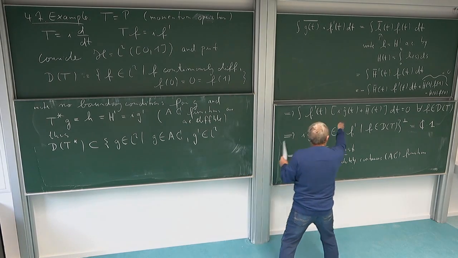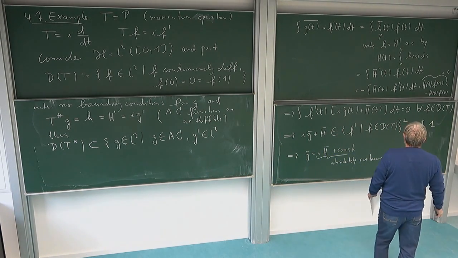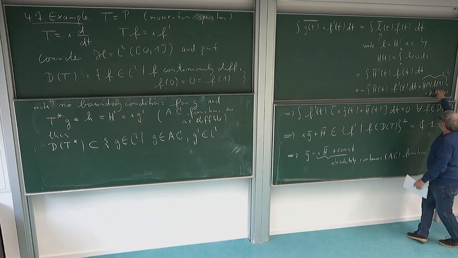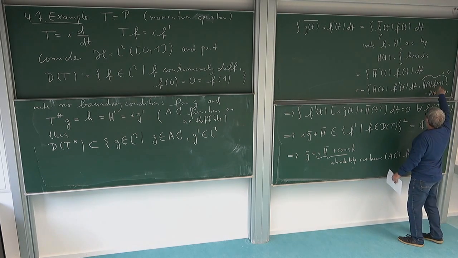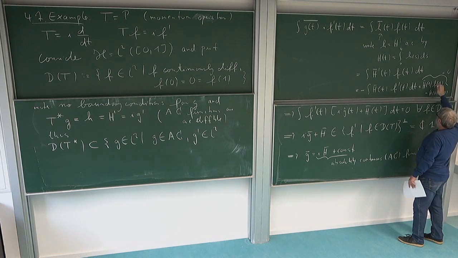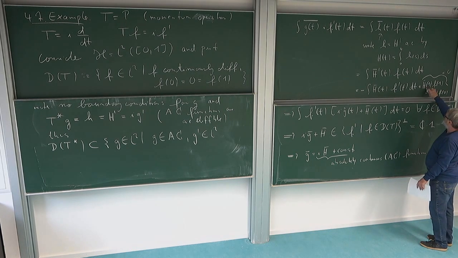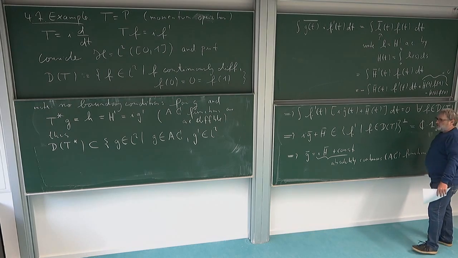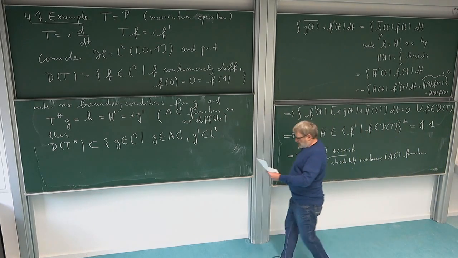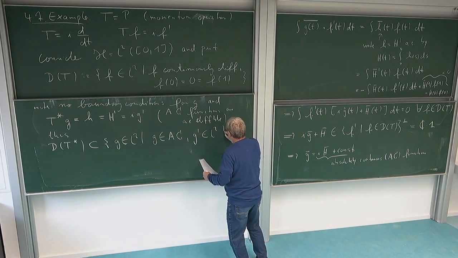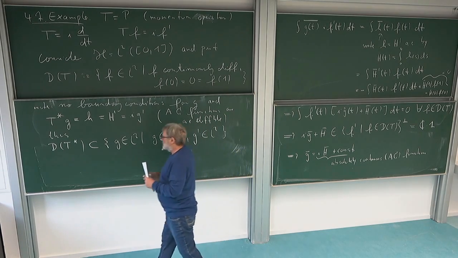So here you see there are no requirements on the boundary conditions, because in the partial integration these boundary terms go away, because on the f we have the boundary conditions. So for the h here, we don't need any condition, because we know that f of 1 and f of 0 are equal to 0.